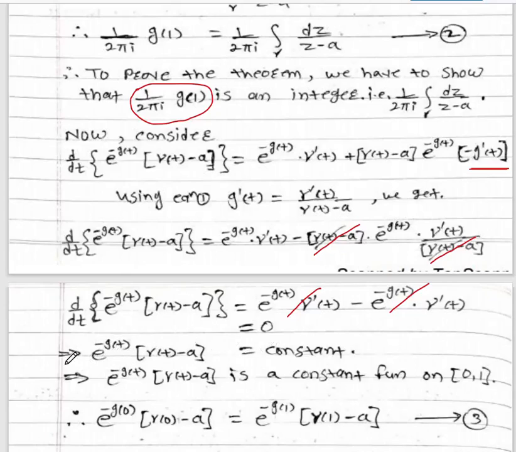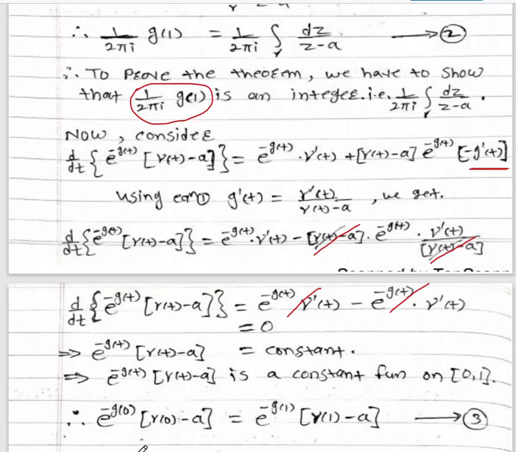So taking the integration on both sides, we will get e raised to power minus g of t into gamma of t minus a equal to constant. So hence we can say that e raised to power minus g of t into gamma of t minus a is a constant function in interval 0 to 1.